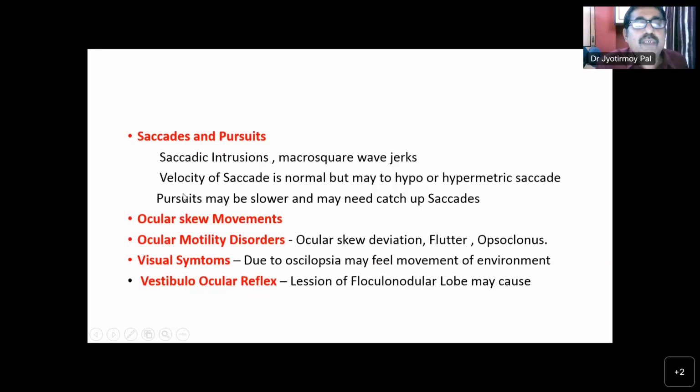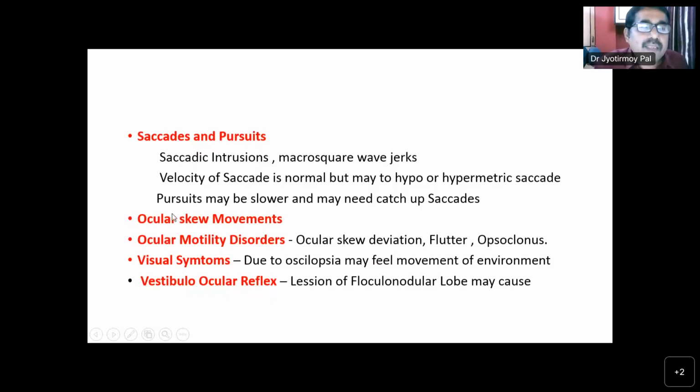That is called pursuit. And saccade means suddenly I try to look to the right side, my finger. So the velocity of the saccade will be normal, but there will be hypo or hypermetric saccade, that means my eye cannot reach the target properly. And pursuit will be slower, and may need a catch-up saccade.